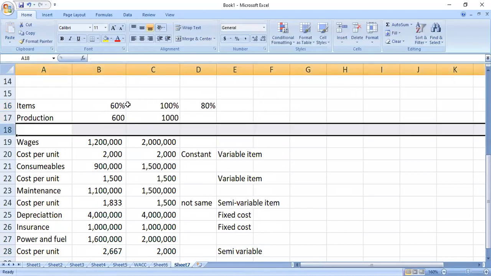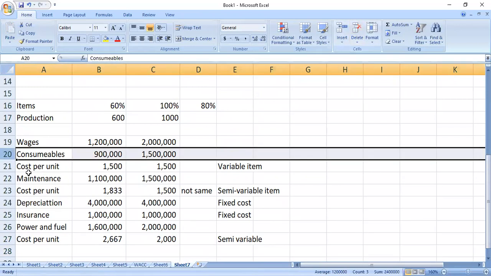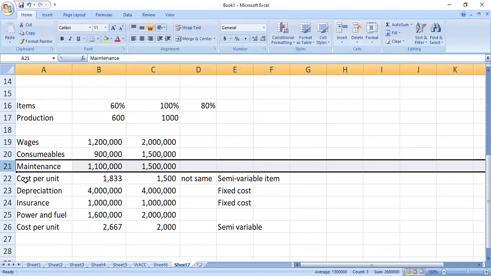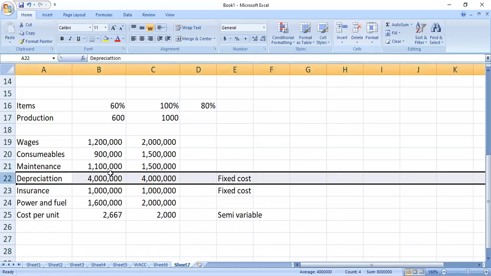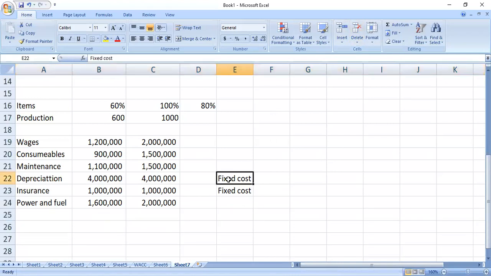I'm just going back to the original budget, the way it's supposed to be. Okay, so this is the budget.